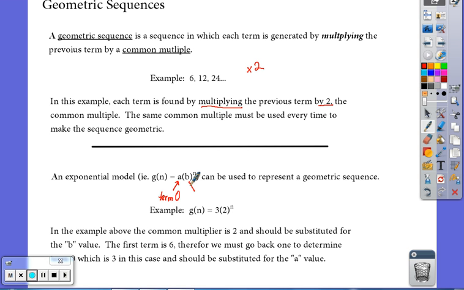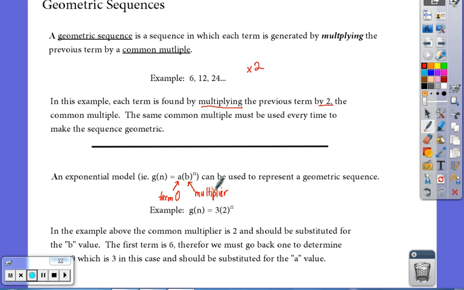The b, the number inside the parentheses, the number that has the power, is your multiplier, or your common multiple. So we still need those two pieces, the same as we did during arithmetic, except we're arranging them slightly differently, and our variable is now the exponent.